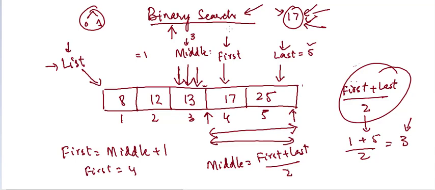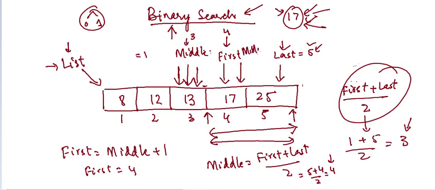First in this case is 4, and last is 5. So this is going to be 5 plus 4 divided by 2, which is 4.5, but we'll ignore the decimal part, so we'll just consider the answer to be 4. And in this case, middle comes out to be 4 also, so middle is also 4.